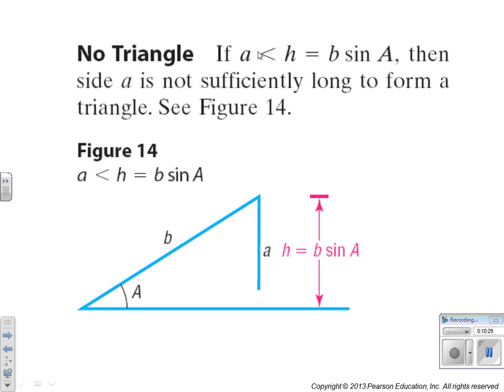If A is less than B sine A, then side A is not sufficiently long enough to form a triangle, and we have the ambiguous case, no triangle. You can't solve this. No solution.